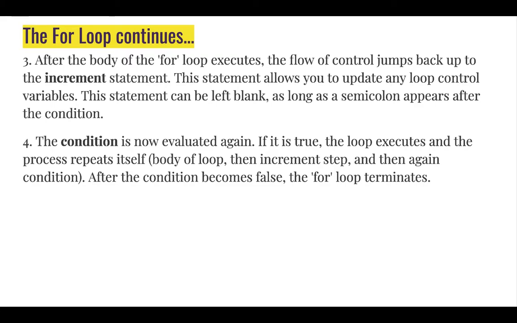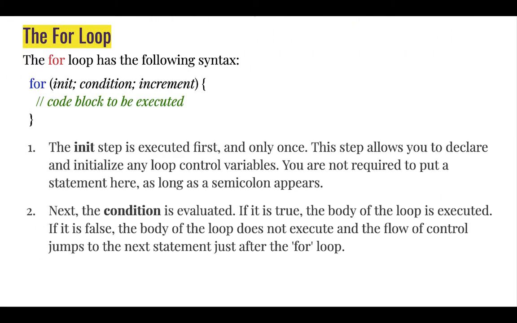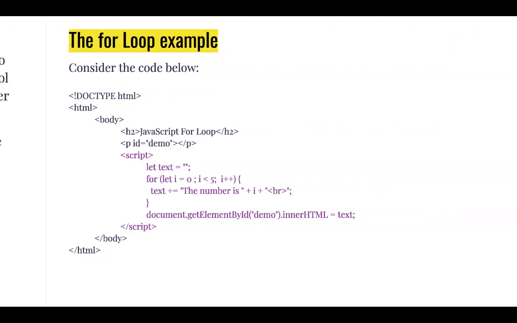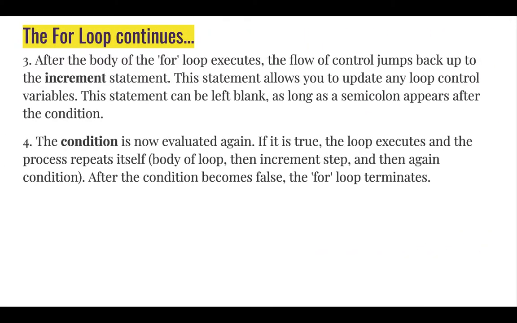Next is the body of the for loop. After the body of the for loop executes, the flow of control jumps back up to the increment statement. The increment statement allows you to update the loop control variables.